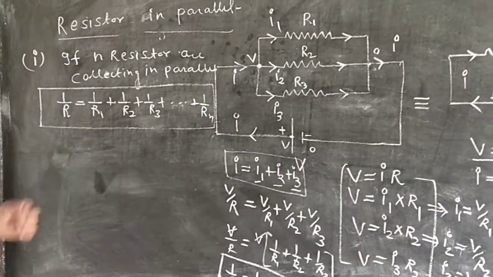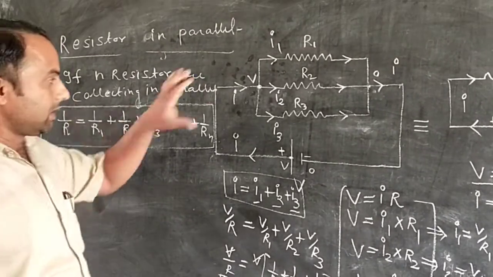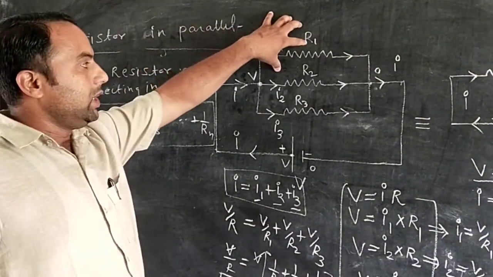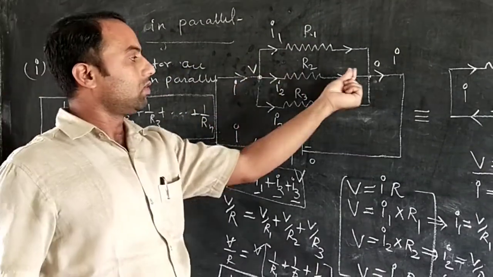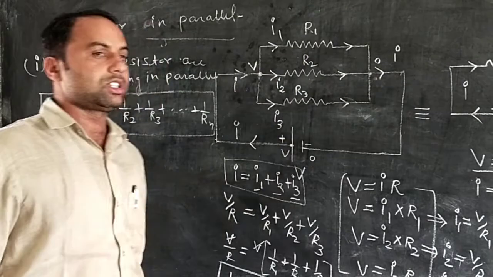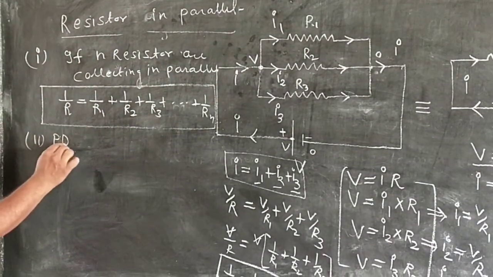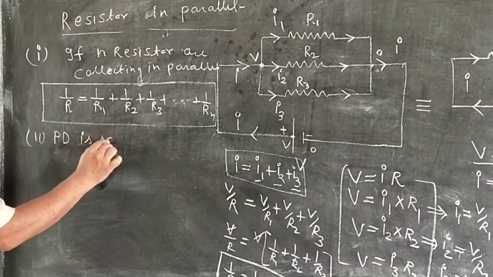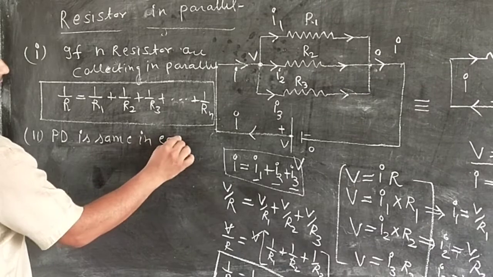Now another important result from here is that the value of current in each resistor will be different, but the potential drop across each resistor is the same in each case. Here the potential drop is the same in each resistor.